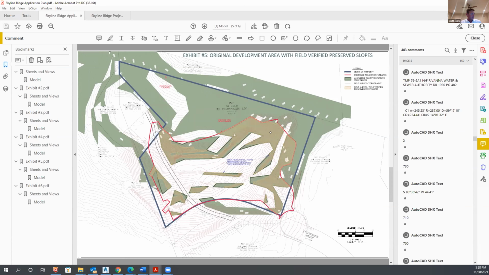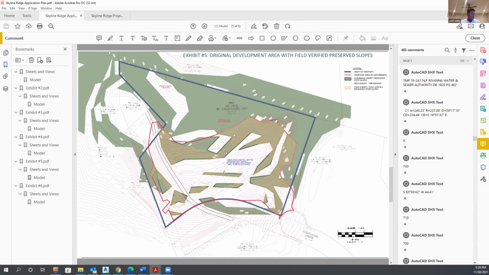And this gives you an idea of what's actually considered the preserved slopes based on the field conditions. So the county allows you to look at the slopes if you have a field run topo of the site and compare it to the GIS topo. And if you find areas that are not as steep as 25%, they would not be classified as preserved slopes. So we've done that overlay, and that's what this provides.